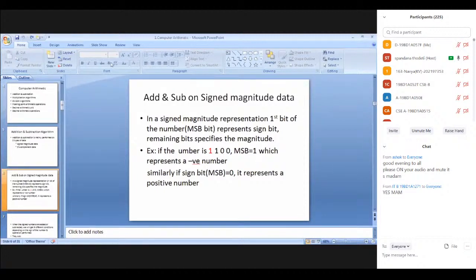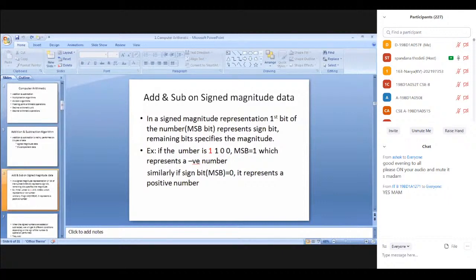You know that in case of signed magnitude representation, if the MSB is 1, it represents a negative number. If it is 0, it represents a positive number.